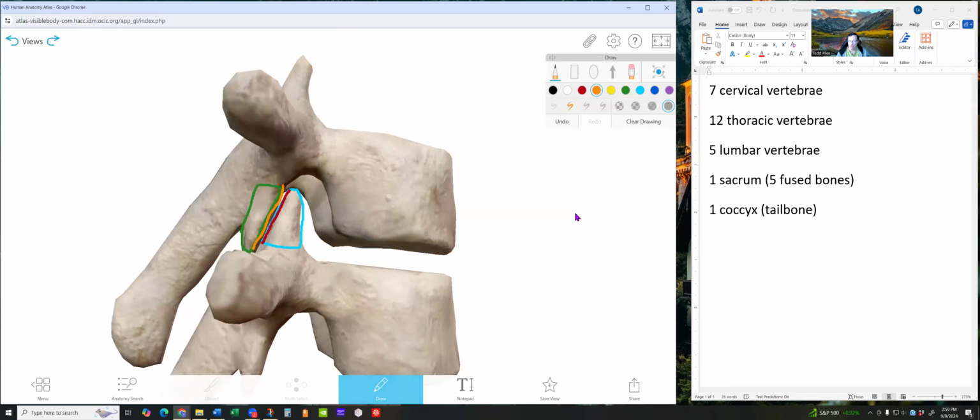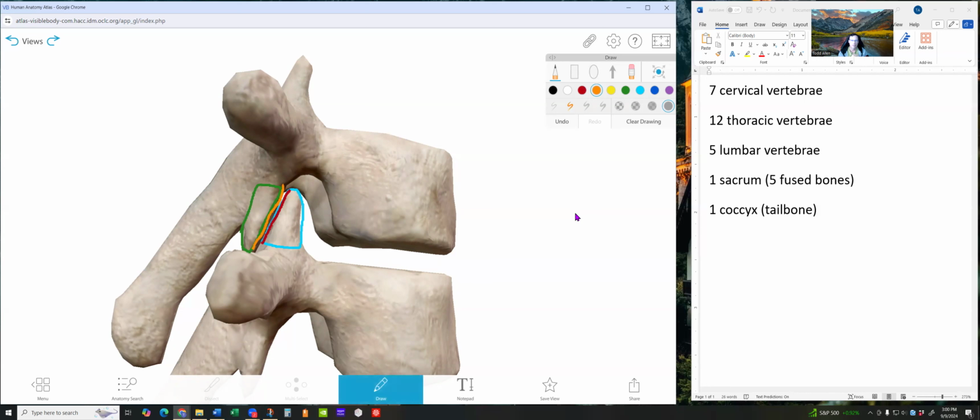And the point I'm trying to make is that as the vertebrae stack together to form your vertebral column, it's always the case that the bottom vertebra's superior articular facet interfaces with the top vertebra's inferior articular facet. That's how the jigsaw puzzle of your vertebral column fits together.